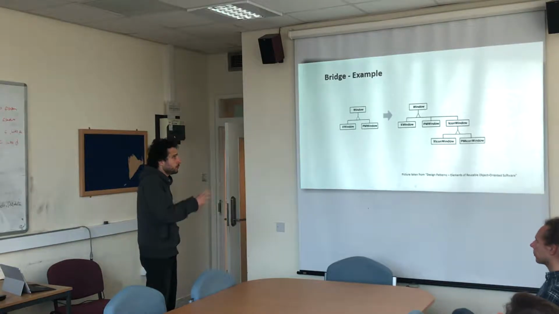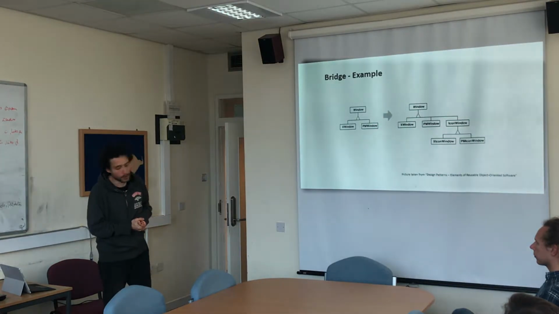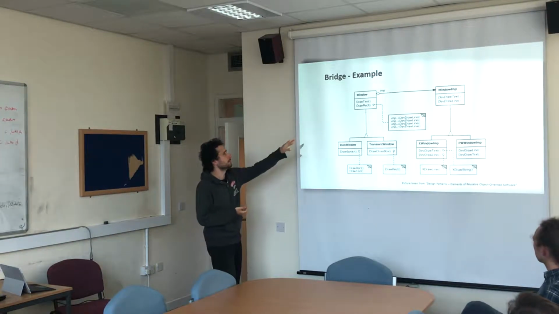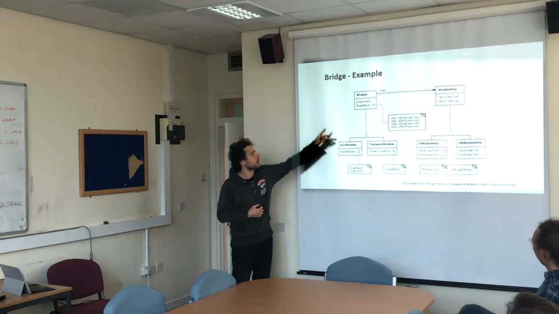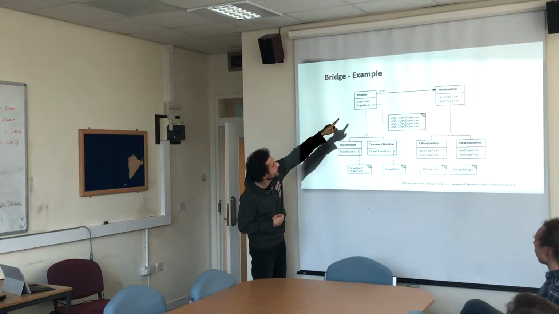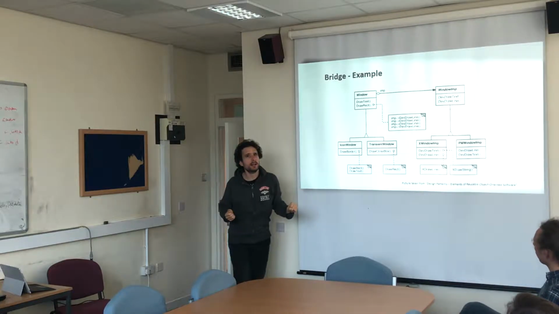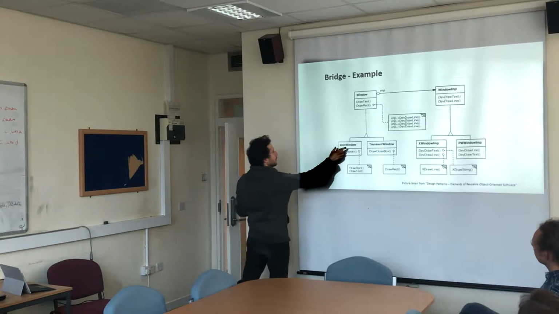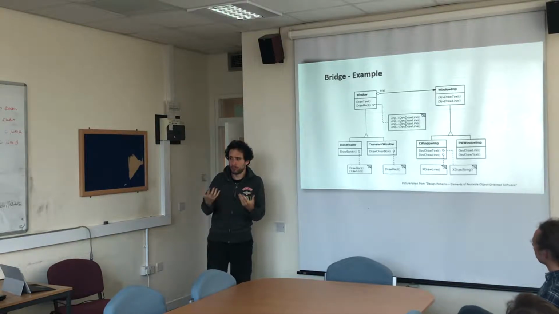So a possible solution to this ugly situation is the following. We define our kinds of windows in this way. Here, just to be clear, the names in italics represent interfaces or abstract classes, while the straight ones, which are not in italics, represent proper classes.